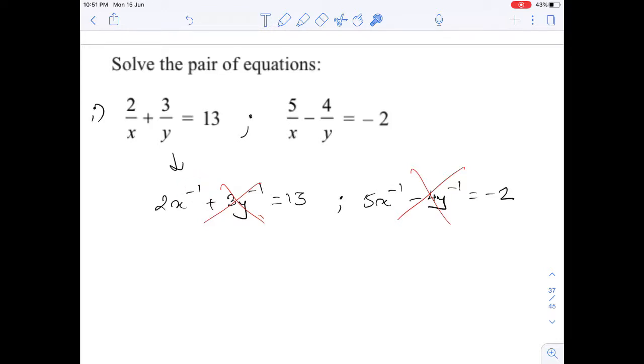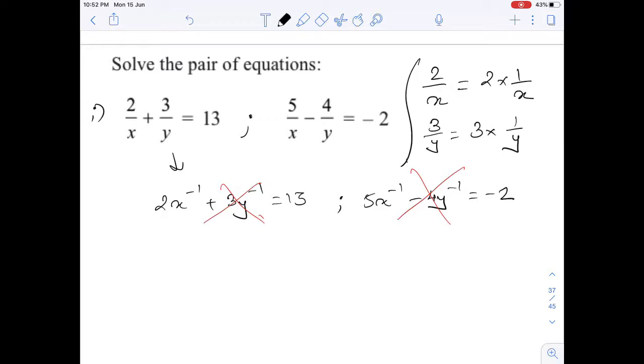So now we are going to use substitution. 2 upon x can be written as 2 into 1 upon x, and 3 upon y can be written as 3 into 1 upon y.